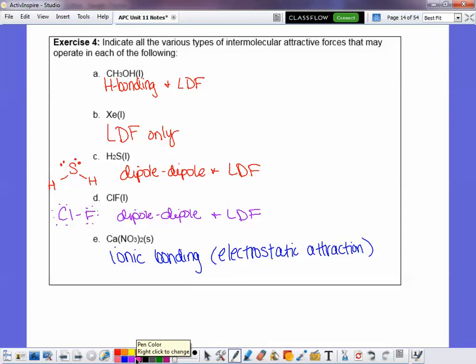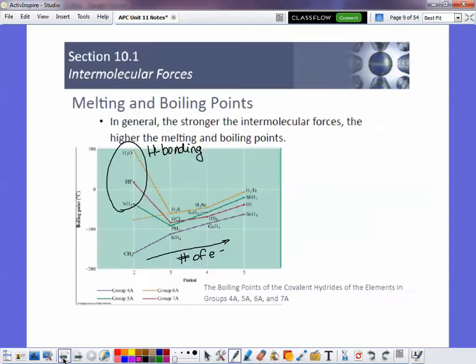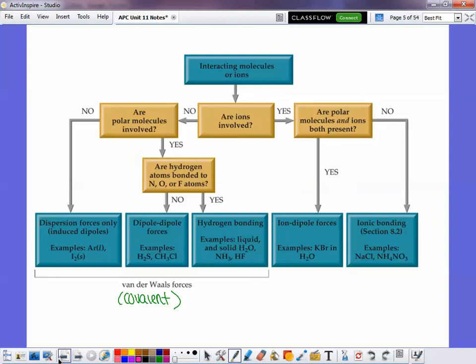Ready? Okay. All right, so last problem, and then we'll talk a little bit more about how these forces influence things. For each of the following pairs of substances, predict which will have the higher melting point and indicate why. Oh, one thing, let me go back real quick. This was page 2.